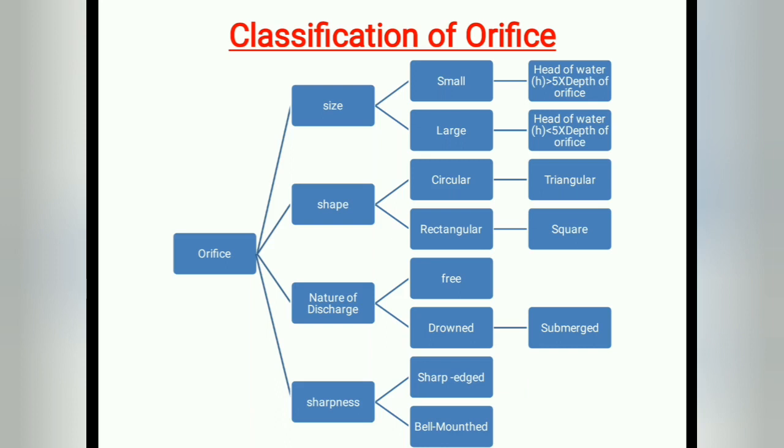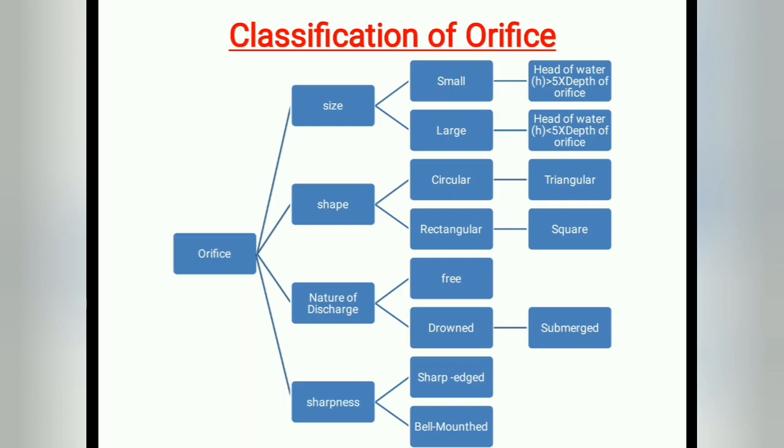And for the large orifice, the head of the water H is less than 5 times the depth or the diameter of the orifice, measured from the center of the orifice. That means in the large size, the size of the orifice is very large compared to the head of water.